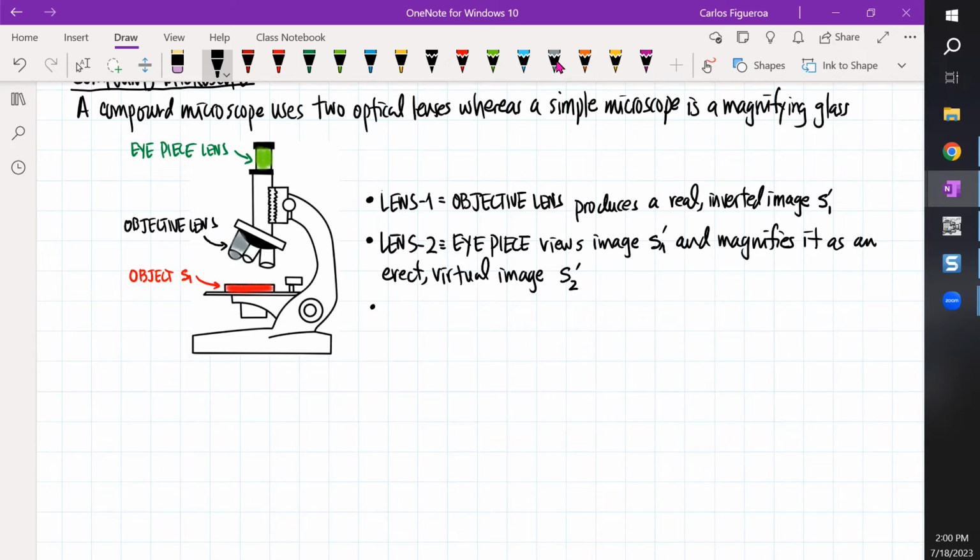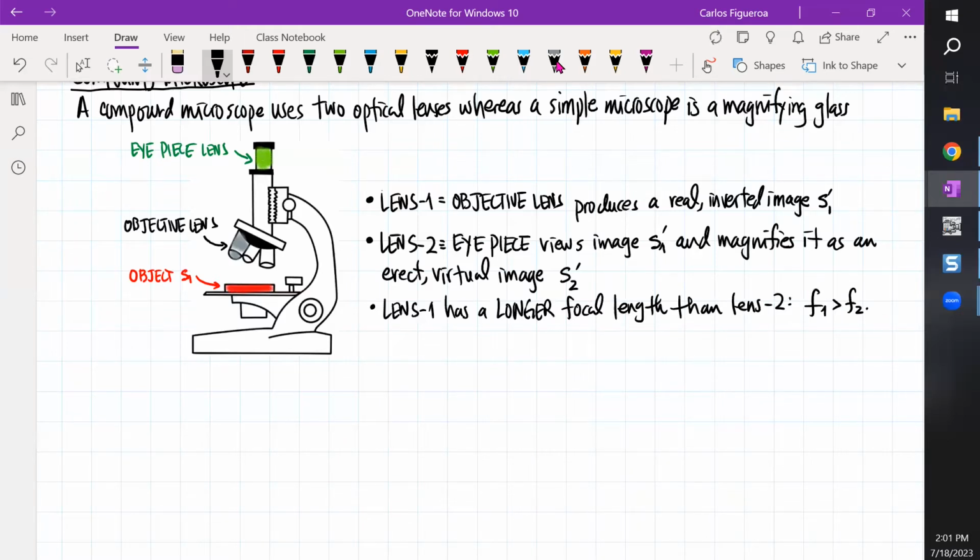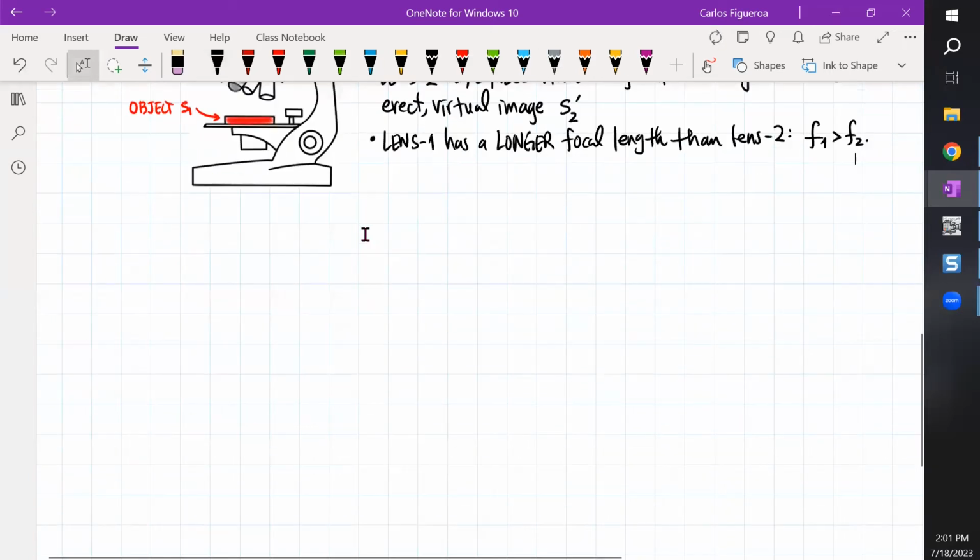And another thing that's worth mentioning here is that lens 1 has a longer focal length than lens 2. In other words, f1 is greater than f2. So let's get a little bit more in depth with the details.